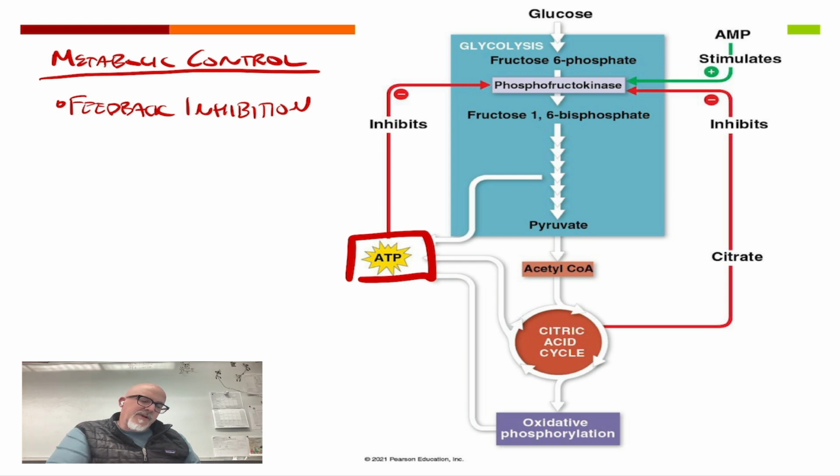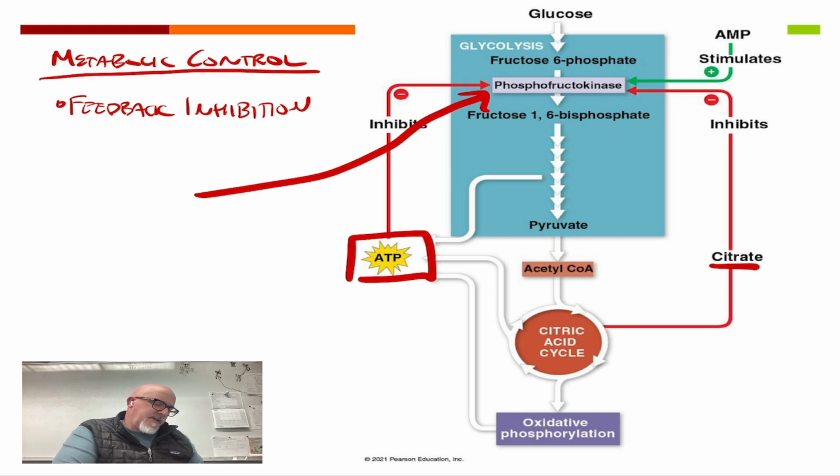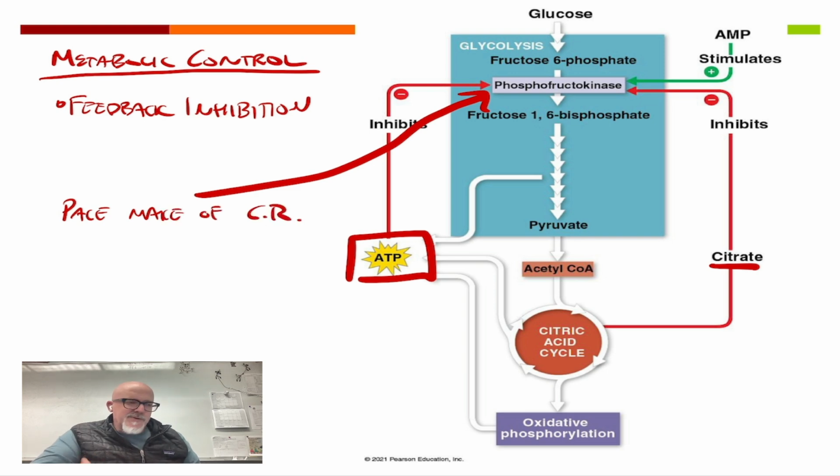Right? There's also another one that if you have a lot of citrate, which is the entrance, that's the 6-carbon compound in the citric acid cycle, that will also shut off the enzymes from breaking up more glucose because you don't need to. So it's really pretty simple. This enzyme right here, they call it the pacemaker of cellular respiration. It is what controls the pace of the process. Right?